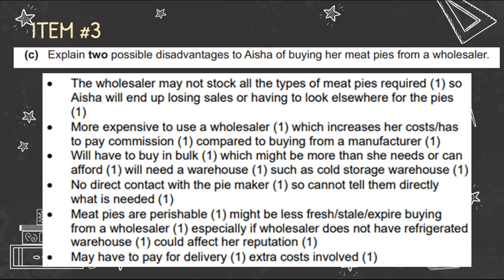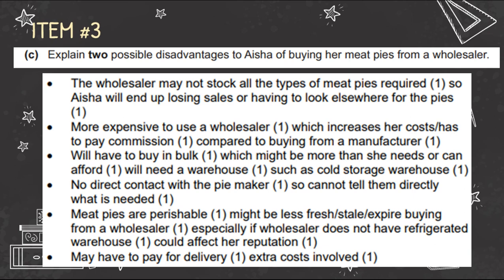Now, this question is related to Aisha, because remember that Aisha buys her meat pies from a wholesaler. So what are the two possible disadvantages? As you can see in the marking scheme, there are at least 6 disadvantages. What I will recommend is the second to the last, which is that meat pies are perishable.